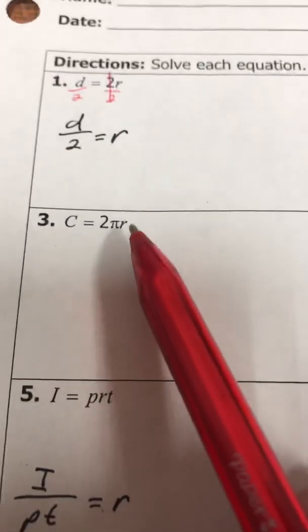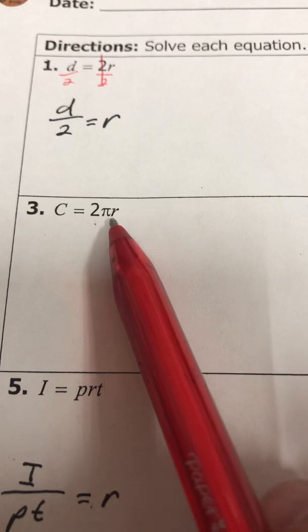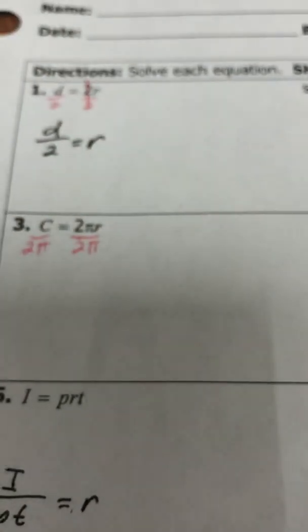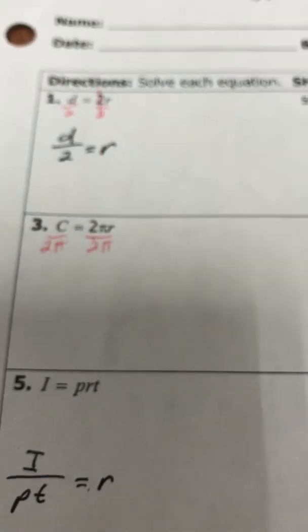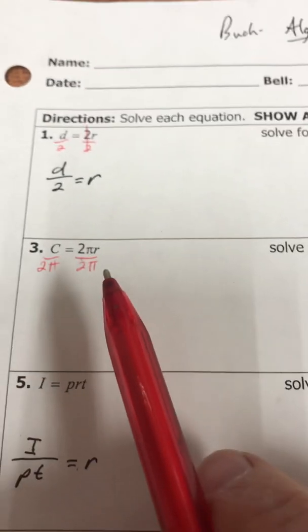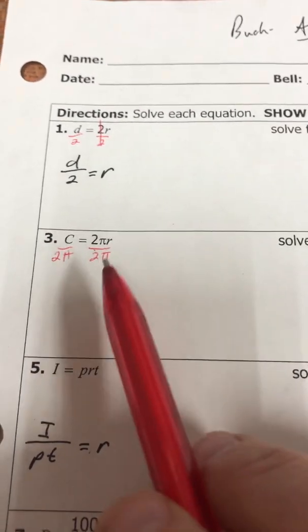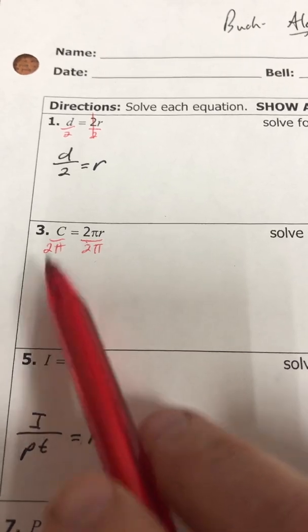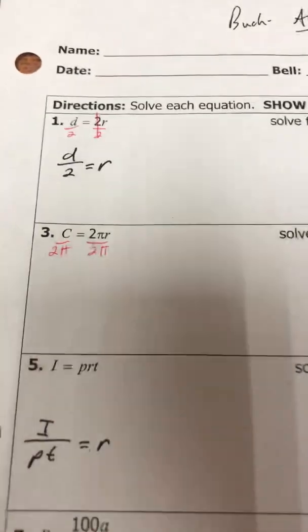If I'm solving for r, all I'm going to do is divide both sides by the 2 pi, whatever is with it, because this is all multiplied, okay? So that's a good start for number 3. All right, you'll be left with your r over on this side, and you'll just have this over on the other side of the equation.